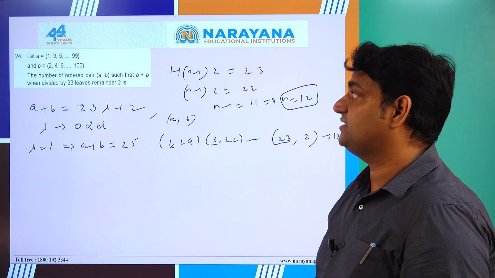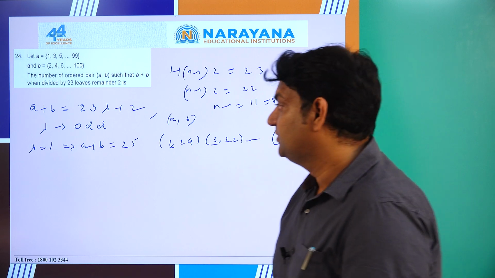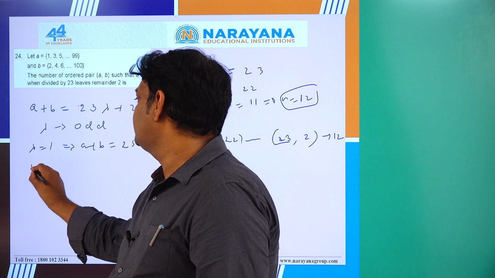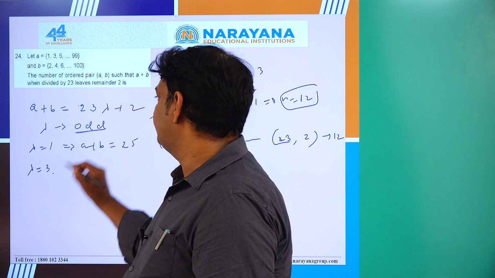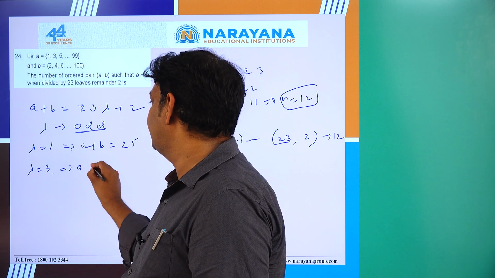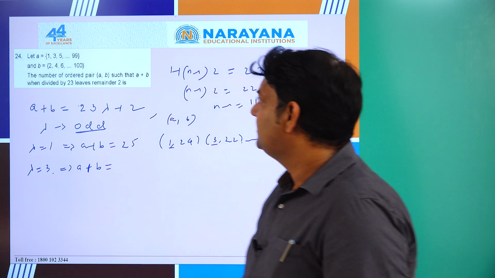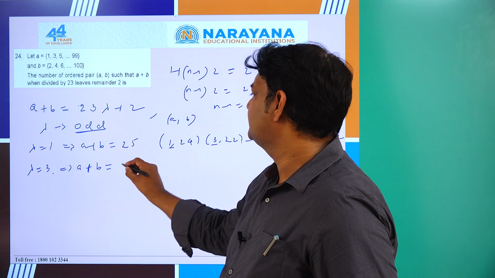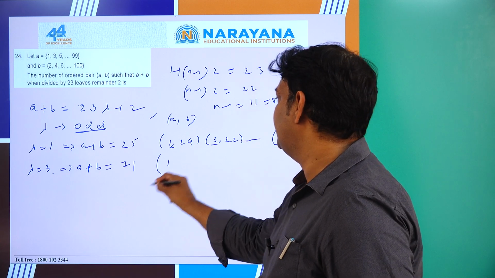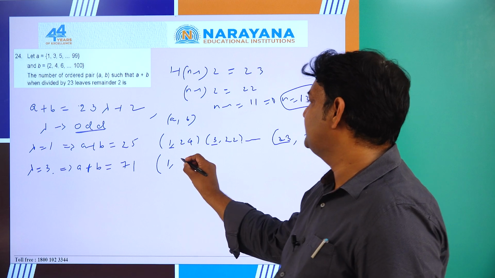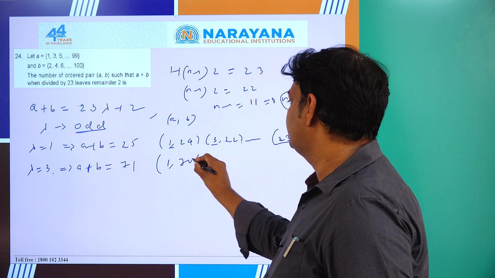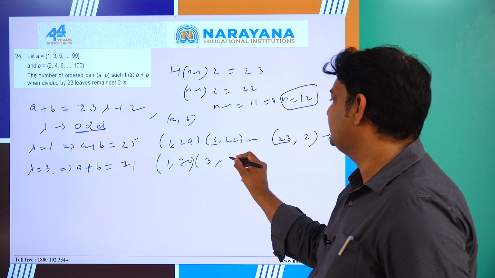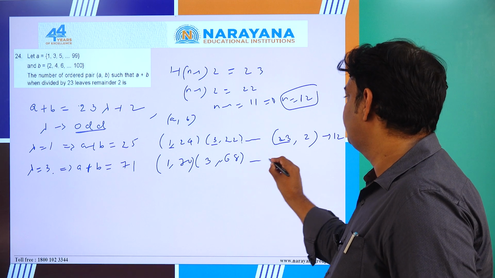So the thing is again easy but time taking. Similarly, you go for lambda equal to 3. As I said, lambda must be odd. A plus B is 69 plus 2, 71. So A is 1, then B is 70; A is 3, B is 68; like this.